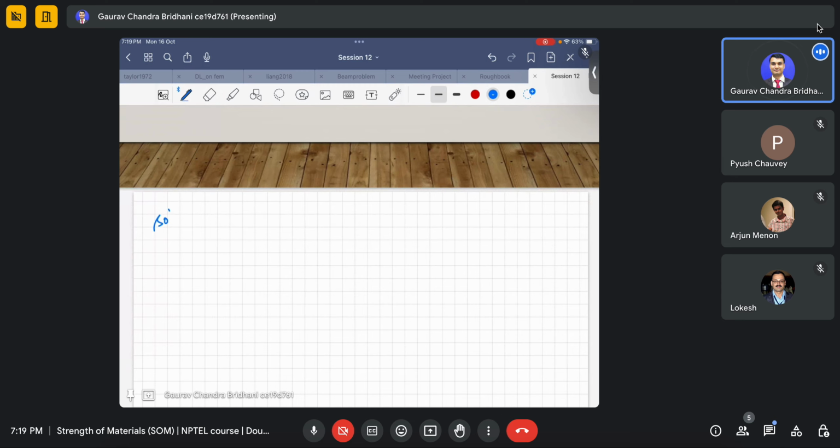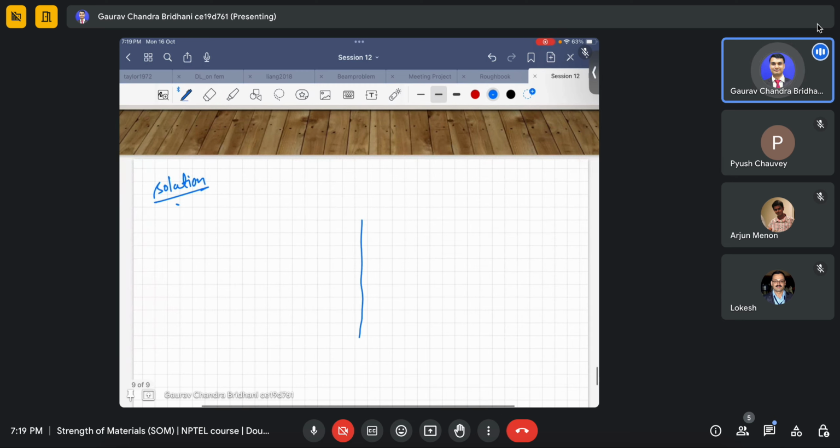So let's do the solution. One thing we have established for this column is that this base is being fixed. And why are we establishing it? Because it is being properly fixed in a concrete footing. Concrete has been poured here at the end, so that it is not able to rotate anywhere. You have seen how concrete acts, no?